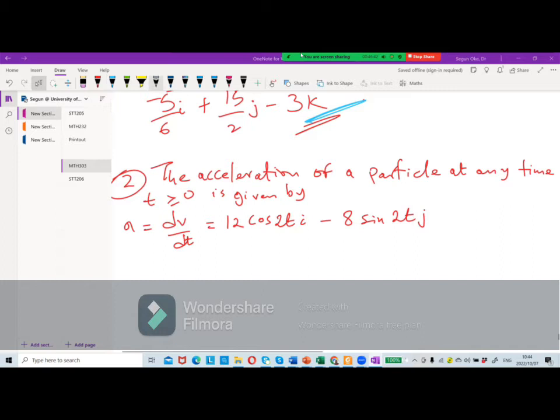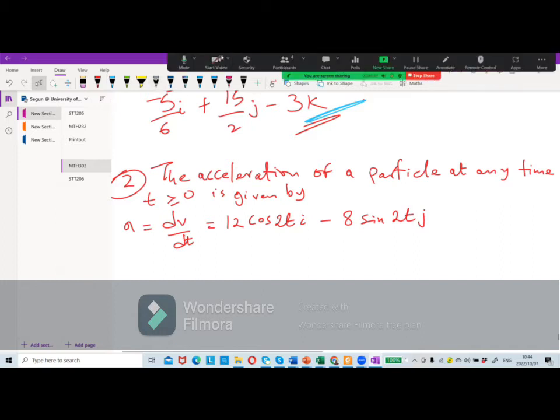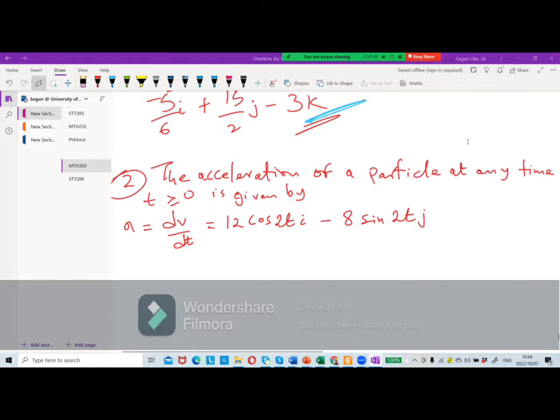So at this point, we can also look at it in a different way. We have dv over dt, then plus 16tk.